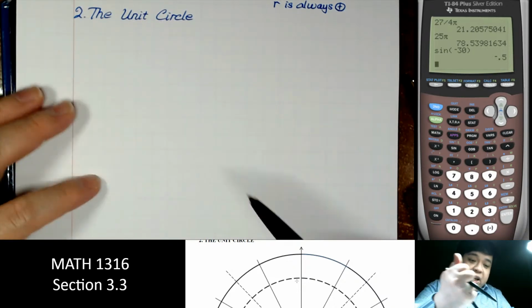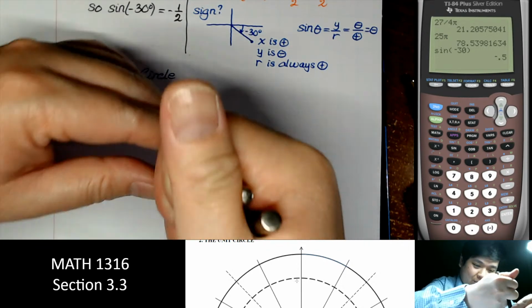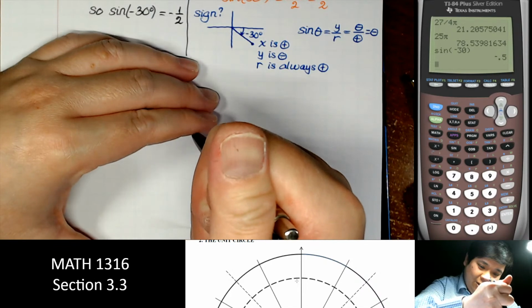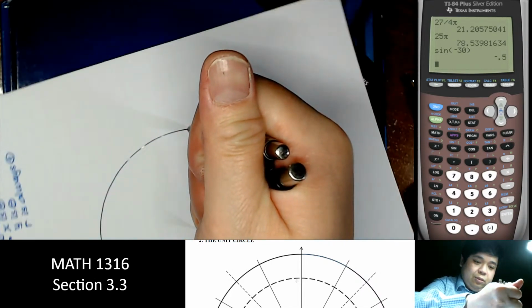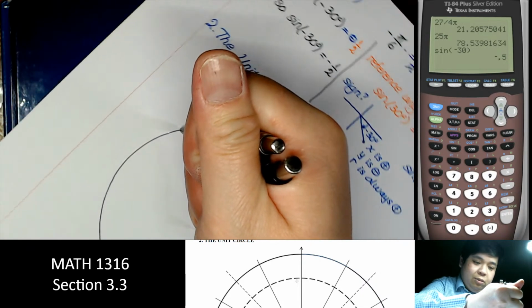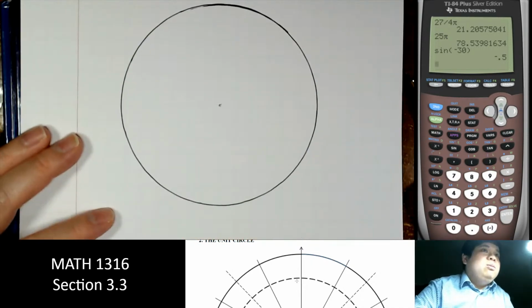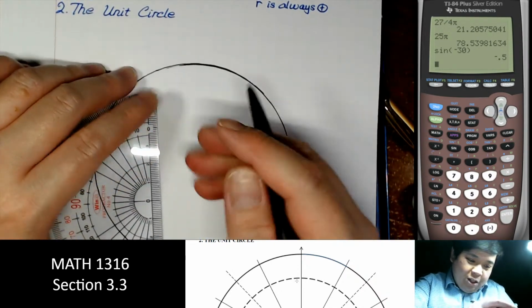The pen and the hand have to be very steady. Just rotate the paper. Right. Close enough. So we have a circle. Just rotate the paper.